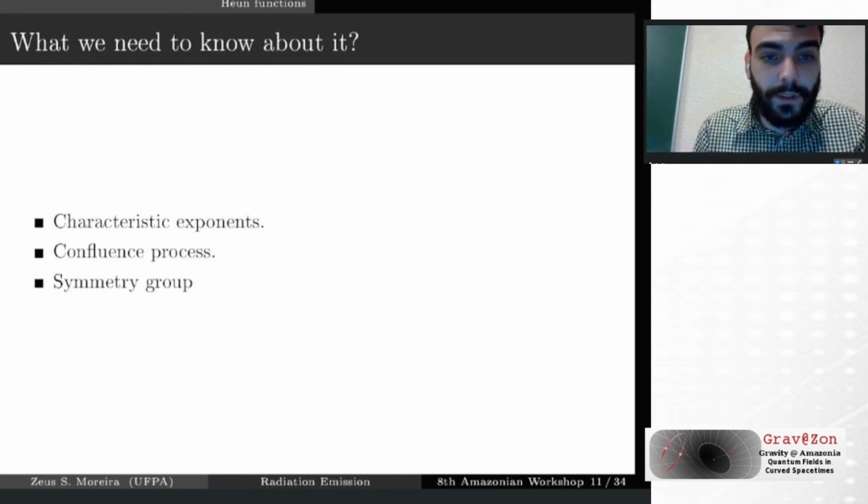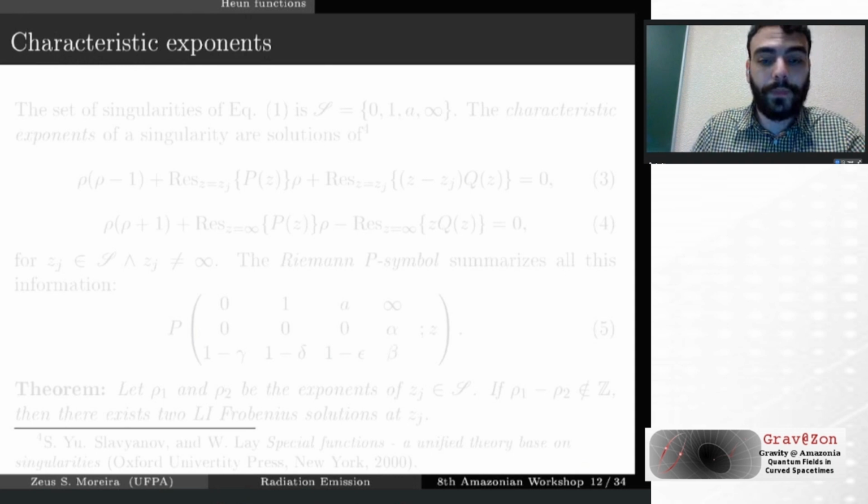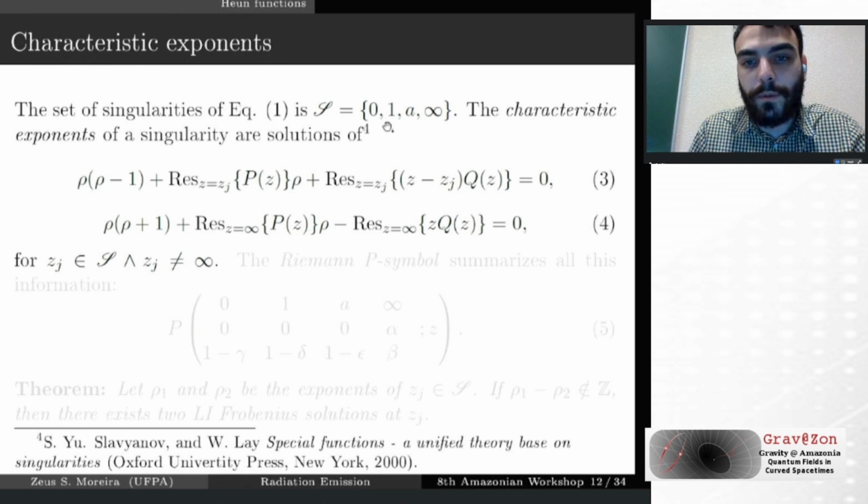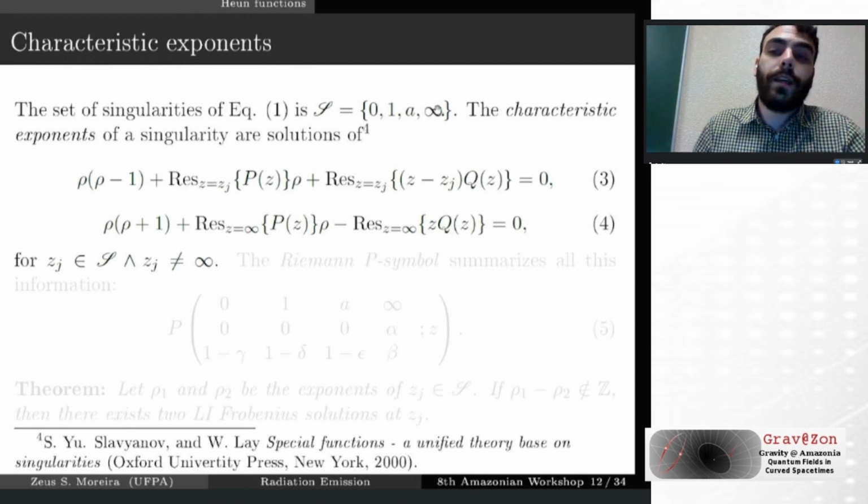So we may begin with the characteristic exponents. As I said, the Heun differential equation has four regular singularities. They are 0, 1, a, and infinity. And for each one of these singularities, we can calculate these things called characteristic exponents.